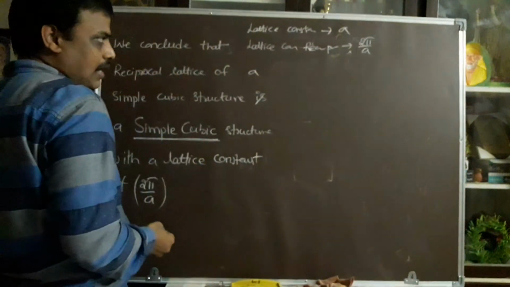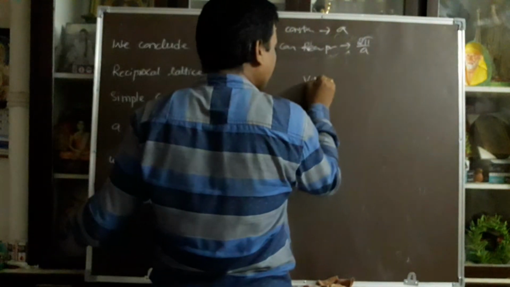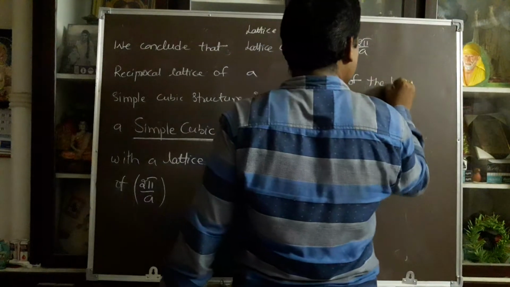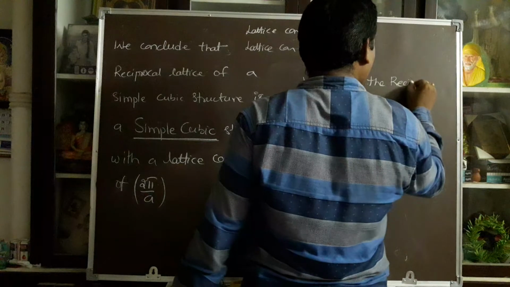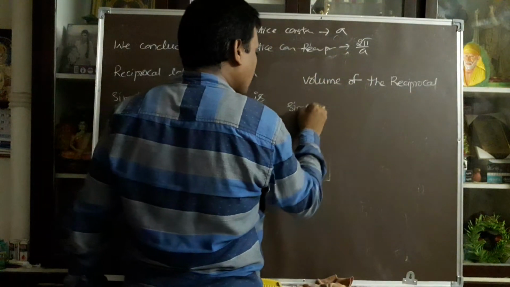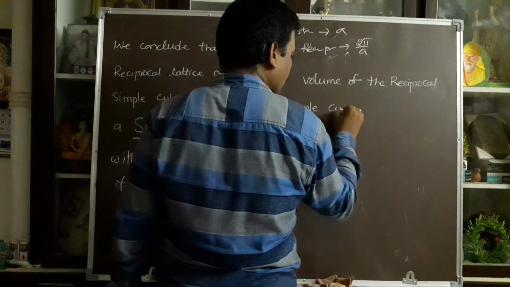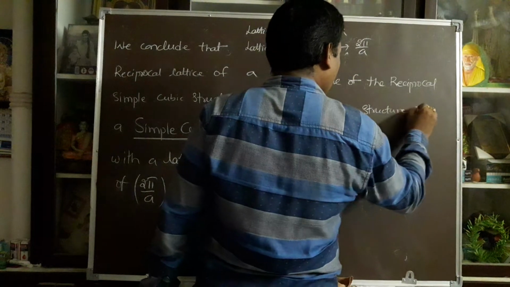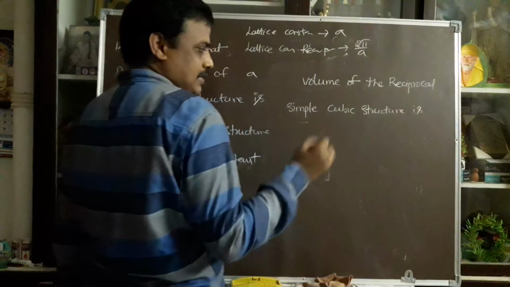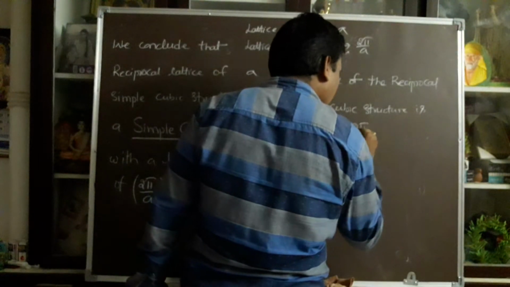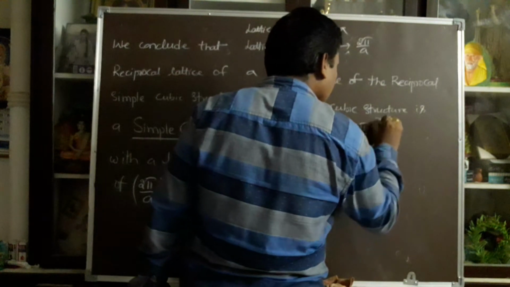So from the reciprocal lattice point of view, the volume of the reciprocal simple cubic structure is, for a simple cubic structure with only one lattice point per unit cell, 1 into 2 pi by A whole cube.